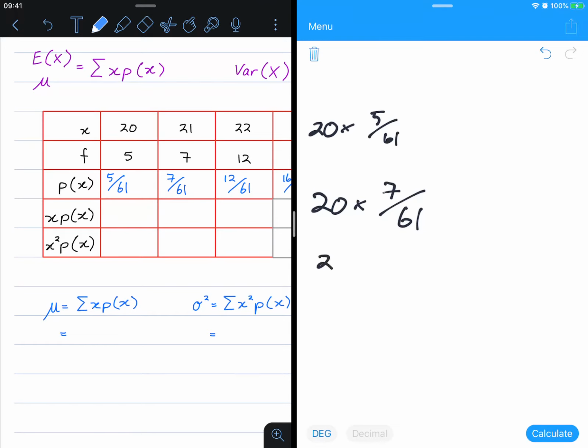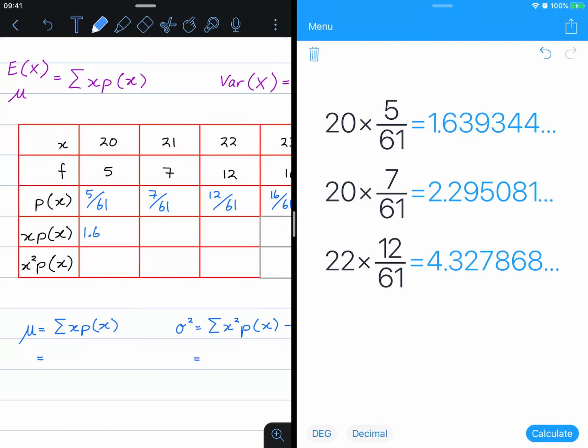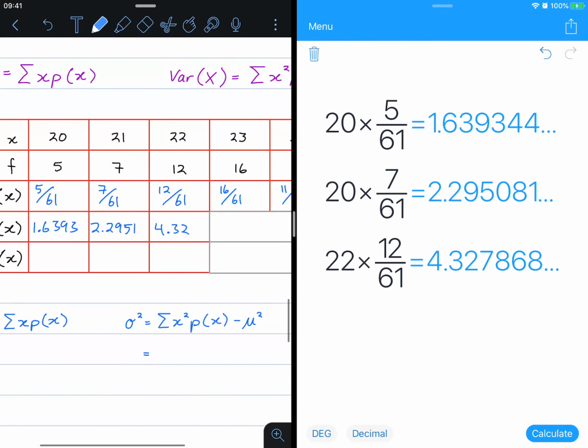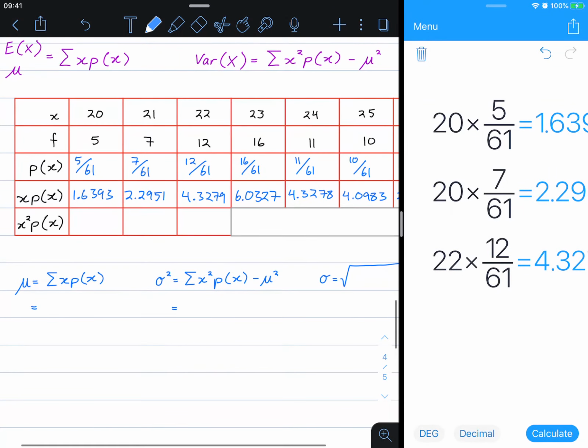And the next one would be 22 times 12 out of 61. So we get 1.6393, I'm doing this to 4 decimal places, 2.2951, 4.3279, and so on. Then we take all of those and we add them.